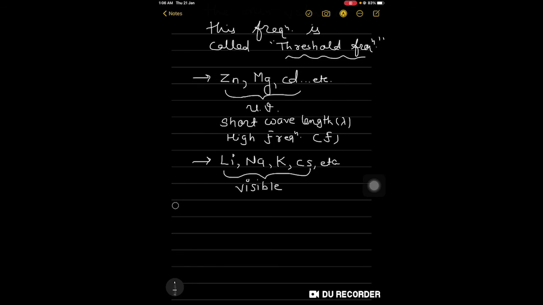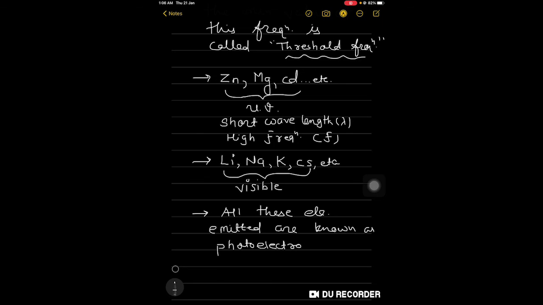Now, after the discovery of electrons, these emitted electrons were termed as photoelectrons. So all these emitted electrons are known as photoelectrons, and they were given this name after the discovery of electrons.